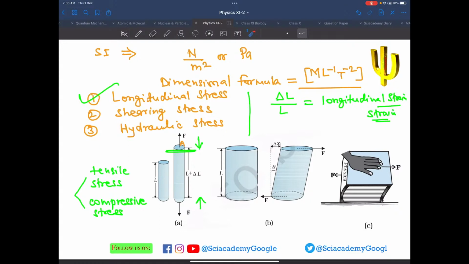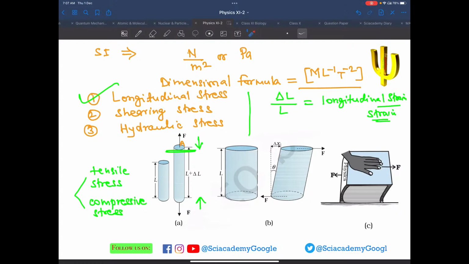Now let us suppose case 2. Here two opposite forces are applied, but here the forces are along the area of the cross section.